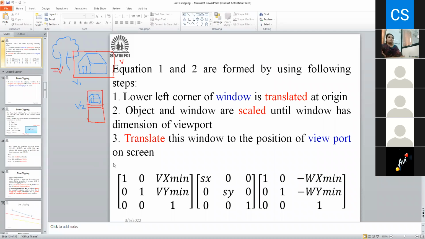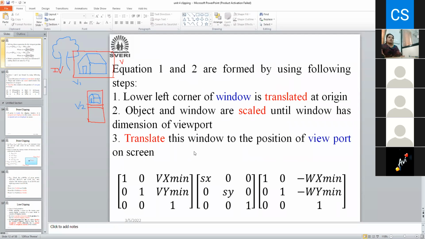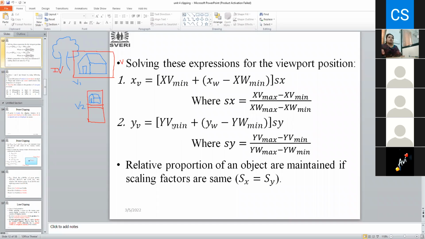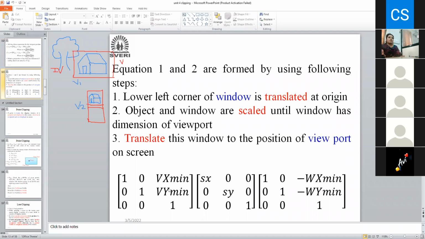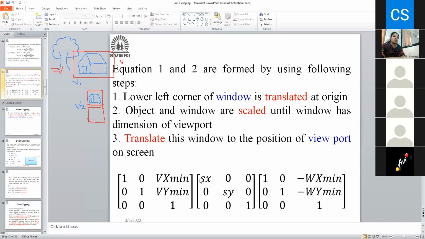Okay, so in order to get that previous expression, we can have this T matrix. If I want to get the first and second expressions, I will have these T matrices. You can see here xv min and yv min are added, and that's why you have xv min and yv min in the translating factors, meaning the ones that will be added. Then scaling is multiplied by sx and sy, so sx and sy are in the diagonal elements.